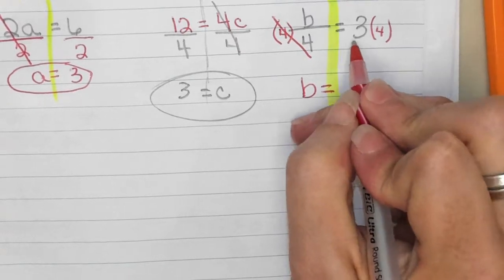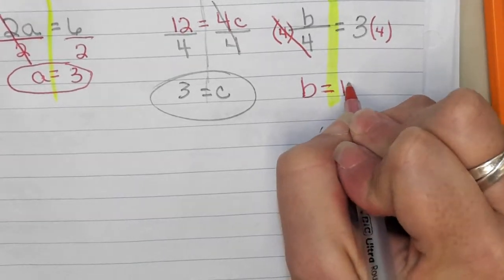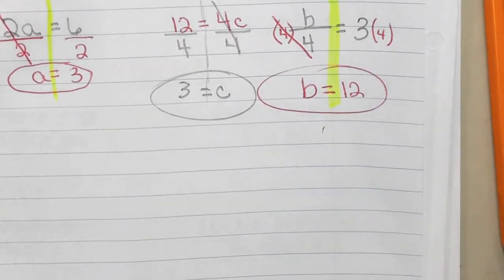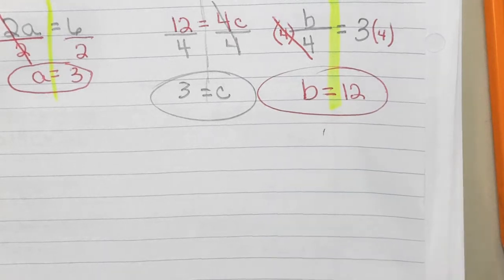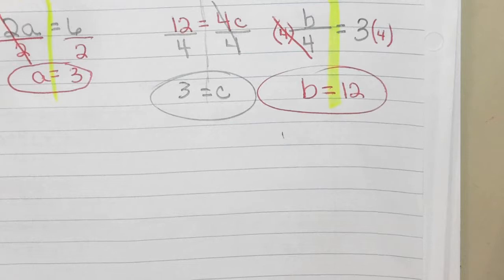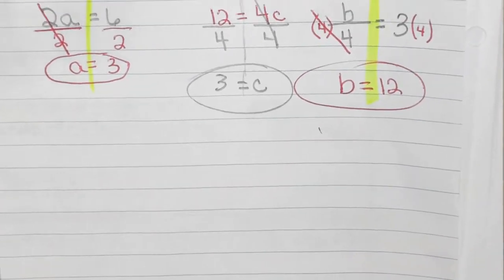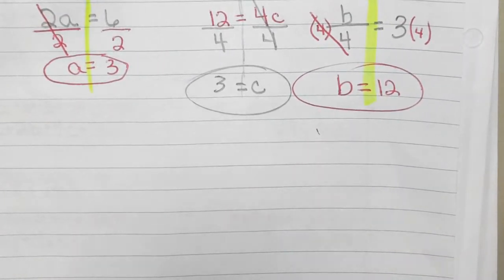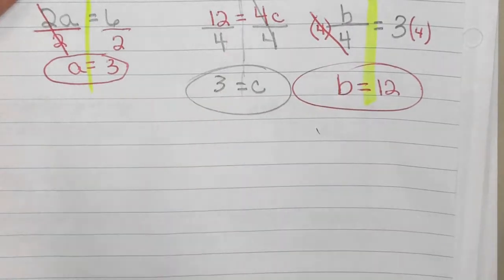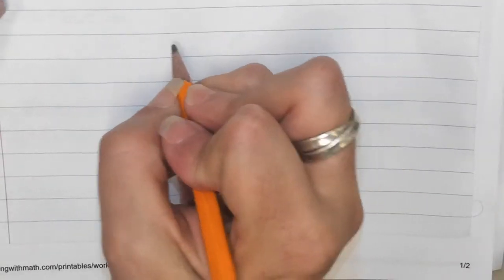Okay? 3 times 4 is 12. Okay? They're easy. The biggest thing is just getting your brain wrapped around how do I write it. Because we don't use division signs and things like that. We use fraction bars. Okay, so let's say you have this one.